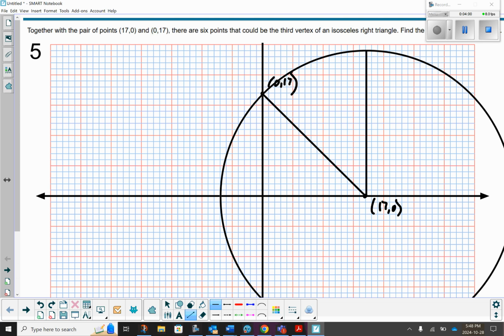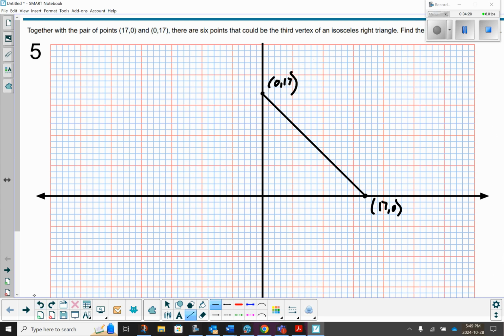It would be isosceles, but if I go off in that direction, it's not going to be an isosceles right triangle as they required. So it's not just a matter of making sure that they're congruent going off in any direction. No, I have to make sure that I'm getting a congruent segment that's perpendicular.